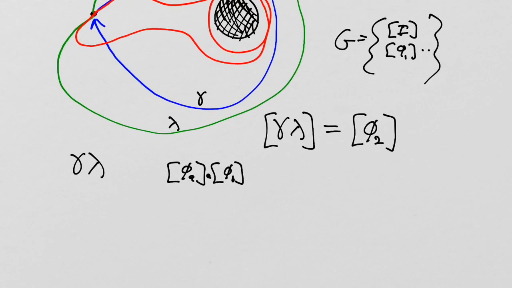I'm taking two elements of this thing I propose as a group, and I'm doing this group operation. Well, the group operation has to produce another element of the group.